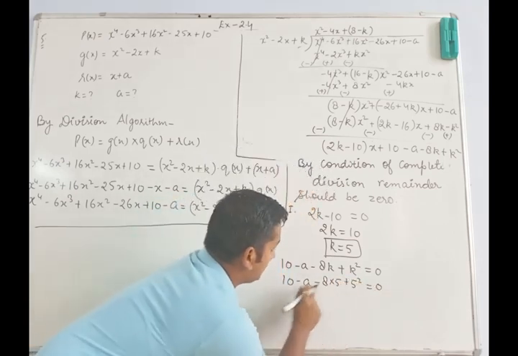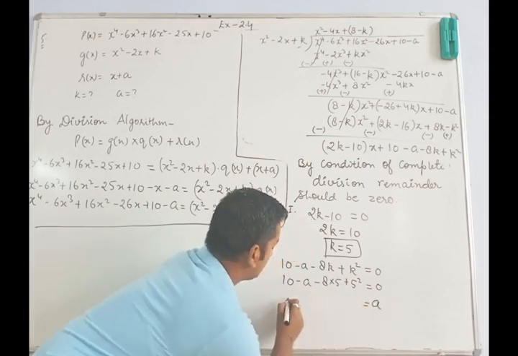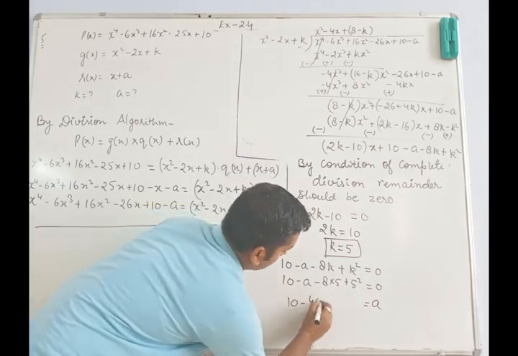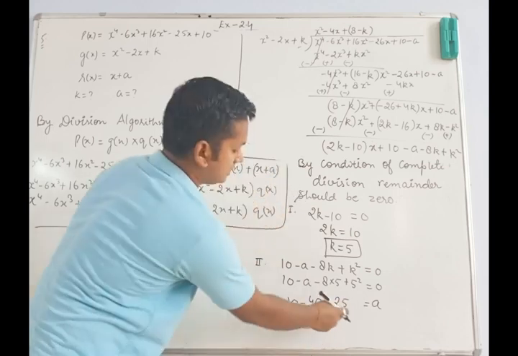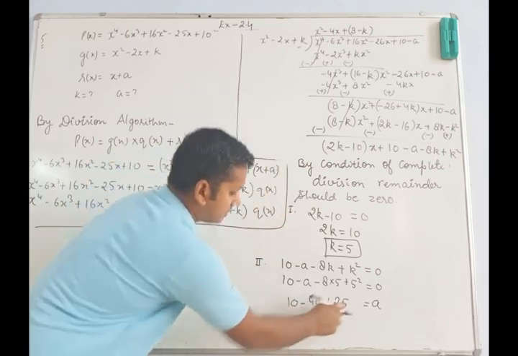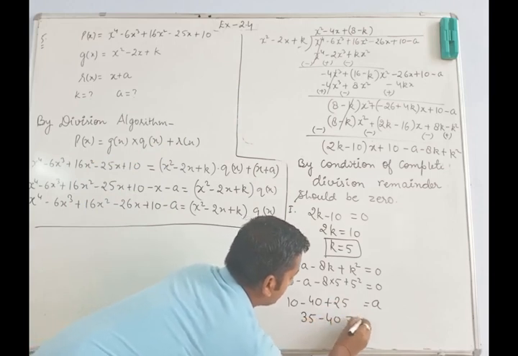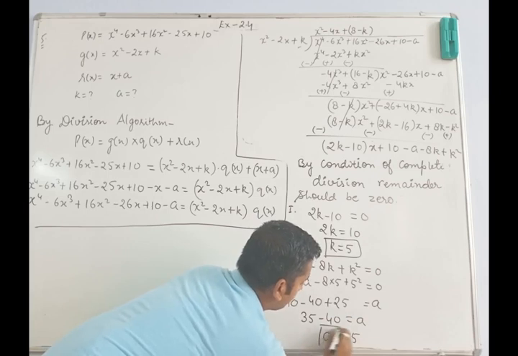So minus a, we can take to this side, it will become positive. So 10 minus 8 fives are 40, 5 fives are 25. So minus these two will become 35. 35 minus 40 equals a. That means a equals minus 5.